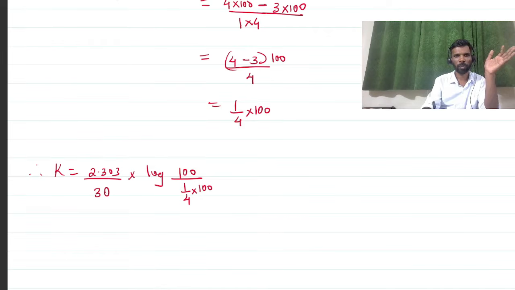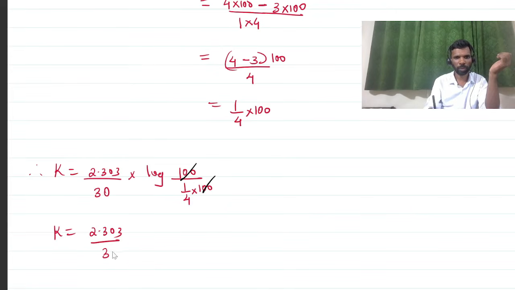So what will happen over here? I can cancel this 100 and 100 nicely. So what remains over here is K is equal to 2.303 upon 30 into log of 1 upon 1 by 4. So this will be log of 4.